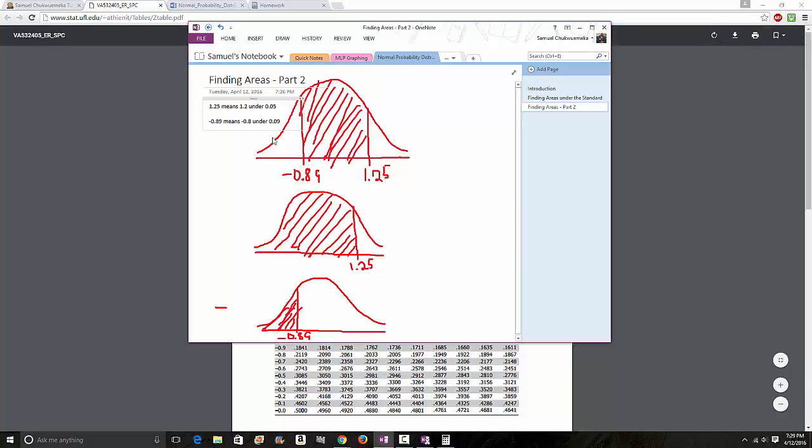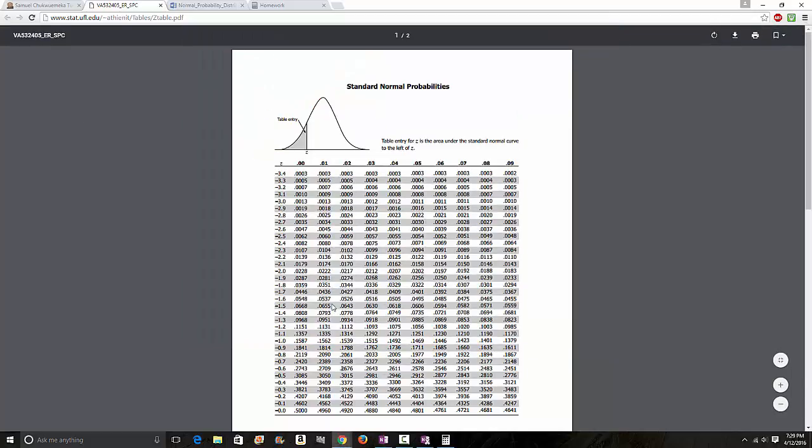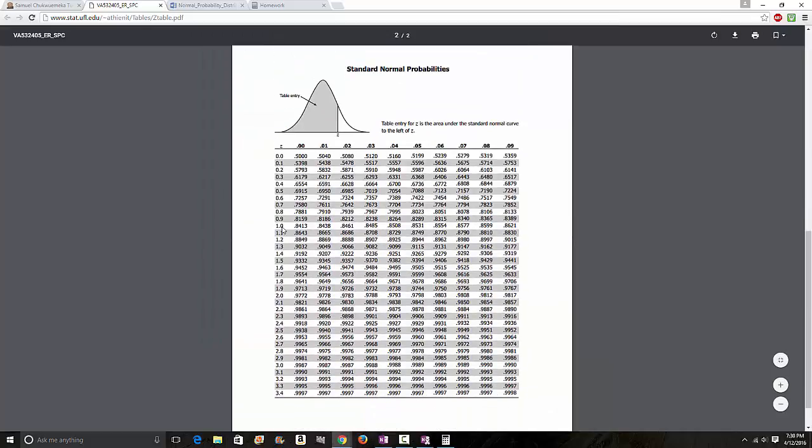So we come here, let's get our 1.25, 1.2, 0, 1, 2, 3, 4, 5, and that is 0.8944.